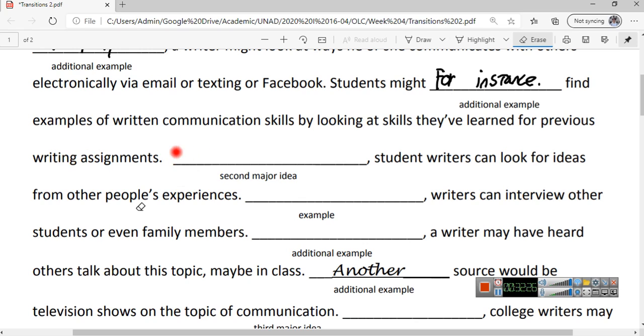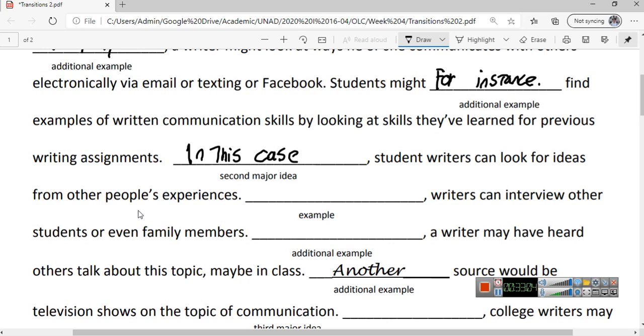How would you start a sentence such as this one? In this case. Very good. In this case, students writers can look for ideas from other people's experiences. Very good. And also, to those who are listening to me, as you've been able to note, you don't have to be extremely precise.